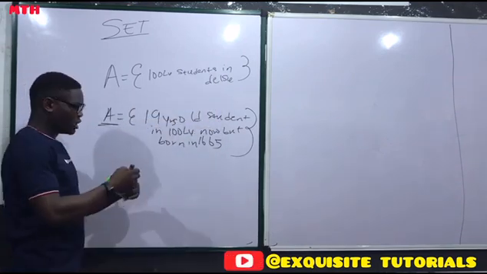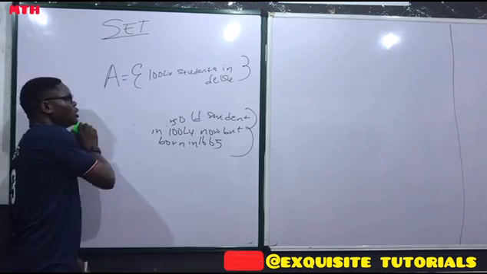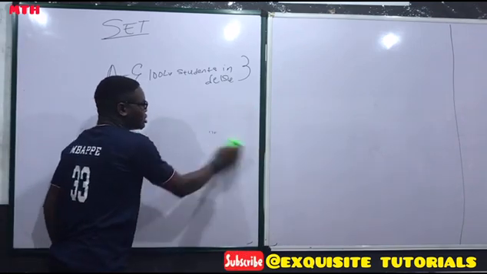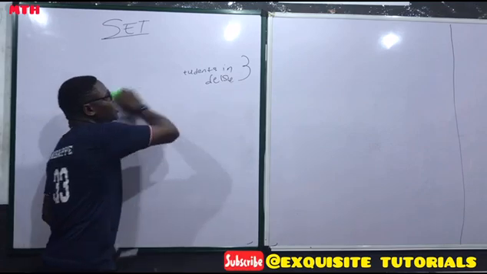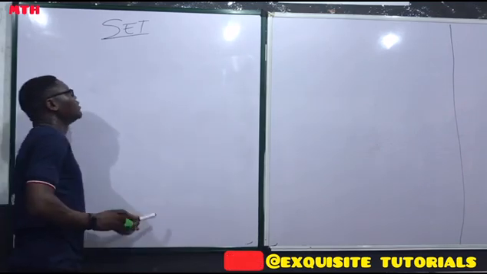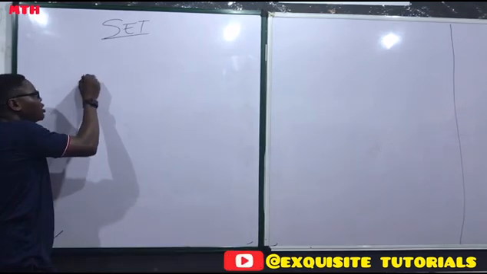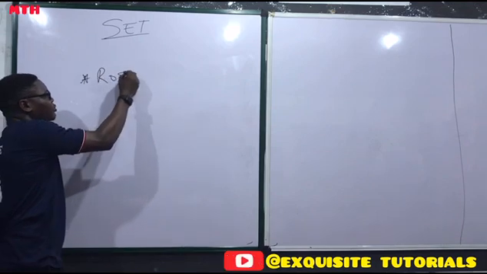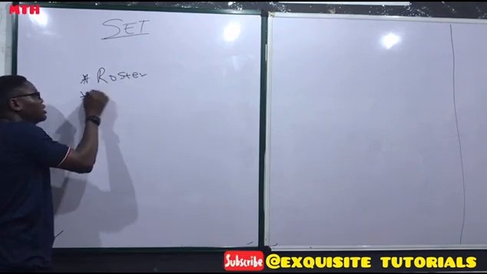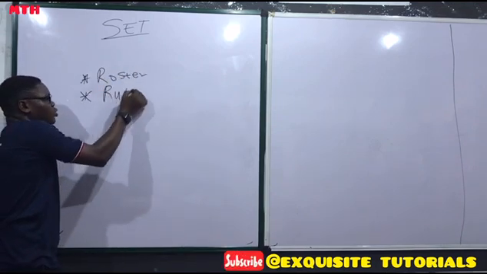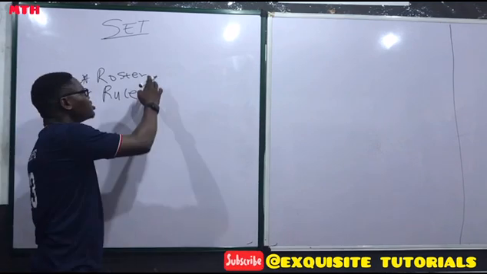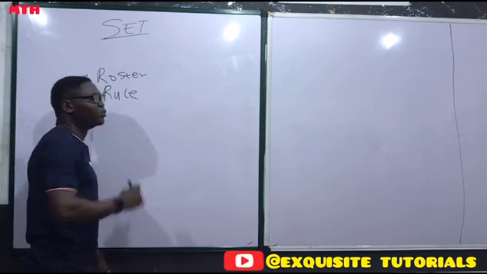So quickly, there are two ways of writing sets. Two ways we denote sets. The first one is the roster method, and the second one is the rule method.